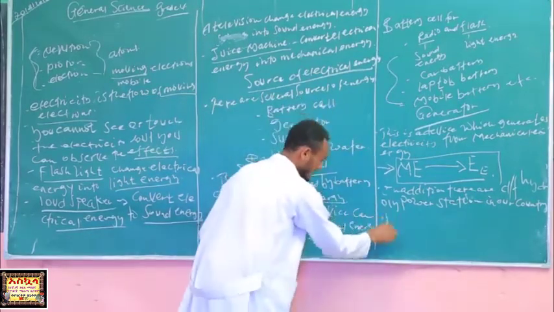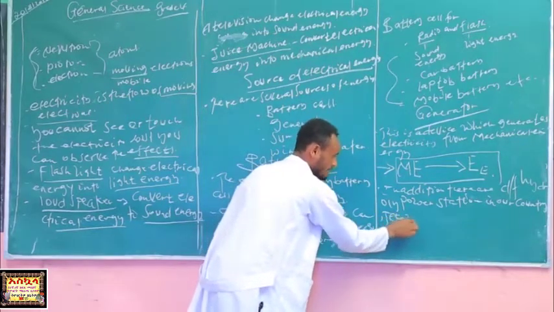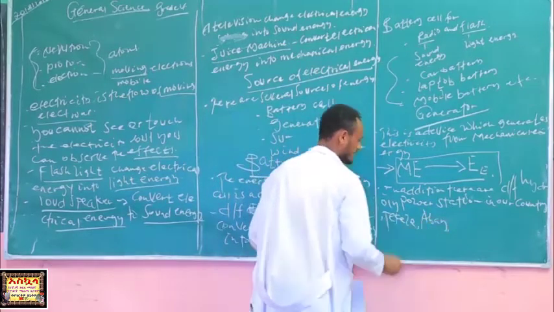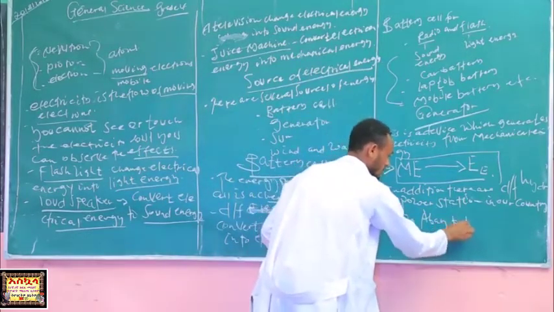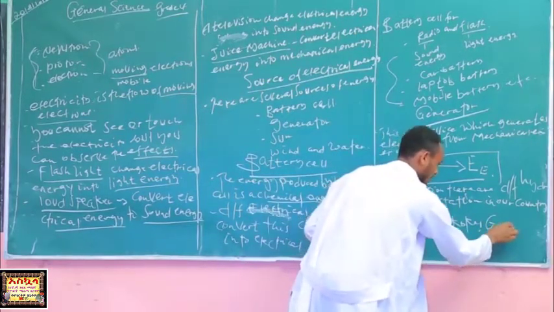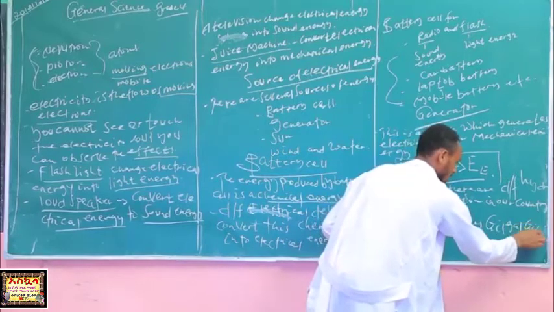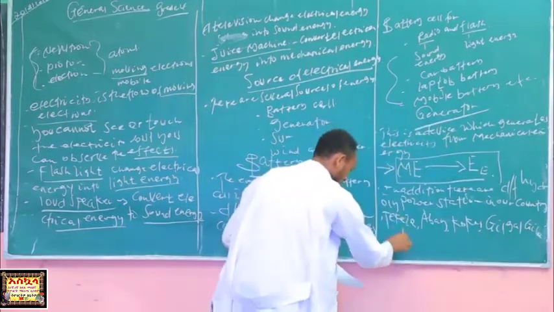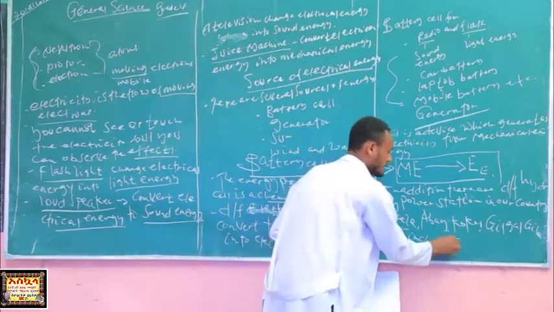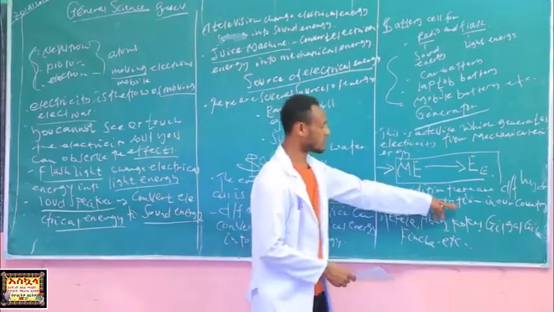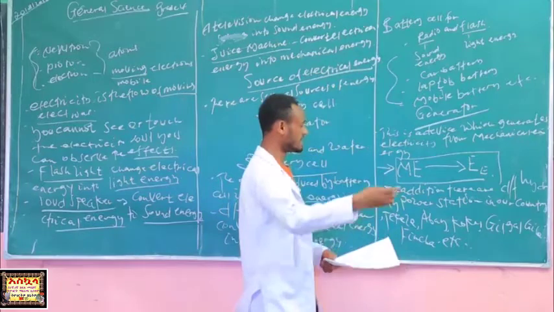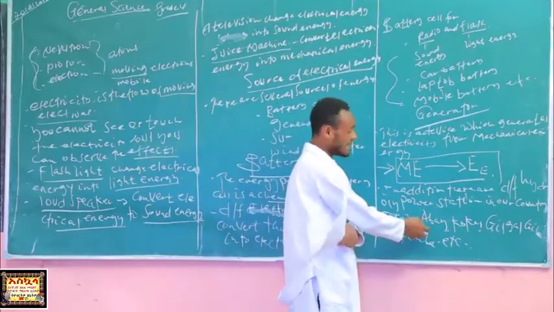For example, Takaze hydroelectric power station, Abai, the third one is Koga, and also Gilgal Gibe, and Fincha, etc. are the hydroelectric power stations that can generate electricity.